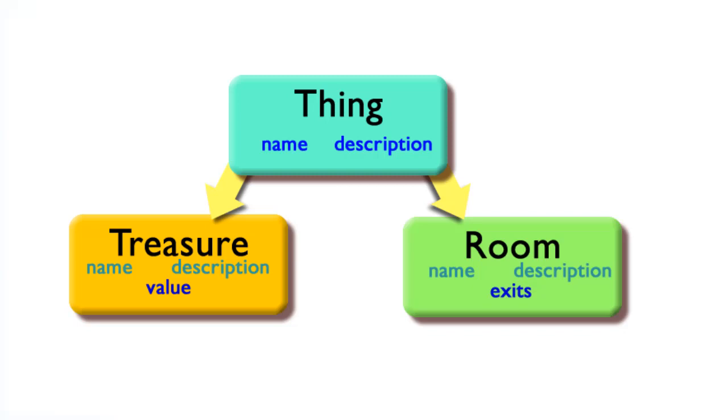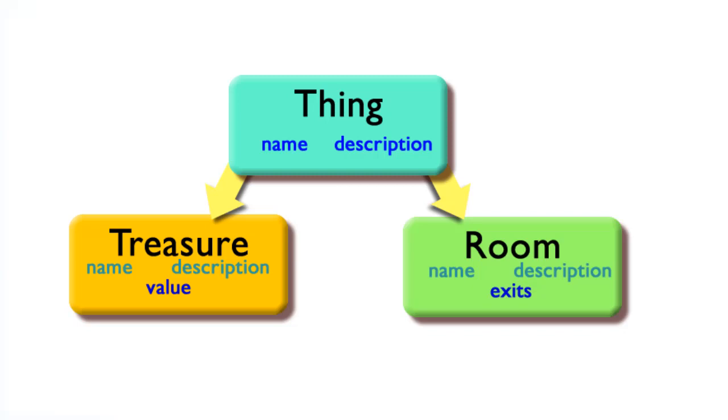Now this is one of the key features of object orientation. You can create a simple class and then define other, more complicated classes that inherit all the features of the simple class and add on new features of their own. So that means I don't have to recode the same features over and over again.